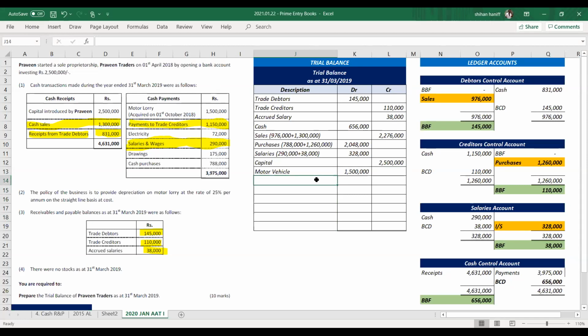Motor vehicle 1.5 million. Electricity 72,000. Depreciation I will explain at last. Electricity 72,000. Drawings 175,000. Purchases we took.